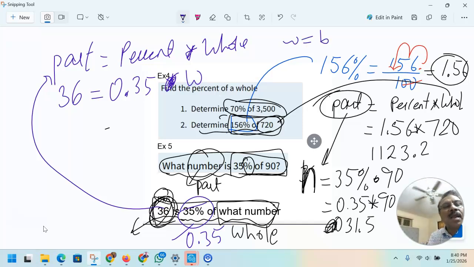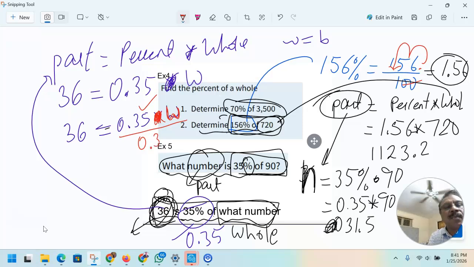Once you get this expression, the next step is to solve for W. In order to solve for W, you want to isolate W and keep it by itself. You have to get rid of this 0.35, which is multiplied, so you do the opposite: you divide both sides by 0.35. This is called the division property of equality.